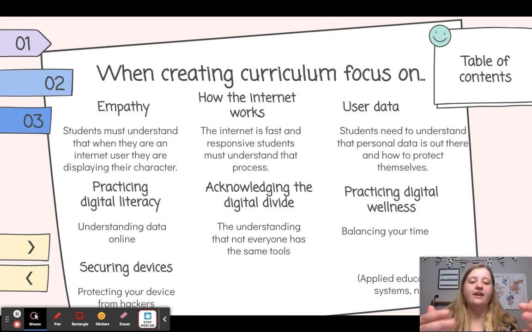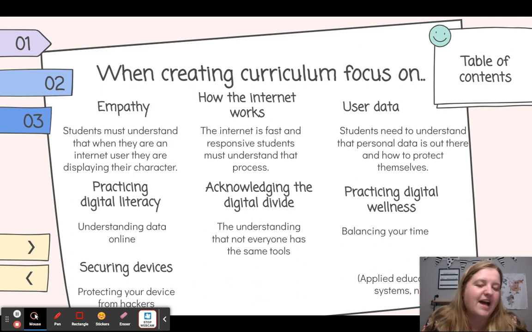What they're doing on the internet, they need to be able to say, yes, I did that and I feel really good about it because I showed my values that I have when I looked things up on the internet or when I was on the internet. Students also need to understand how the internet works. The internet is fast and responsive, and they need to understand why it's fast and what it does and how it gets you there and the purpose and how it works.